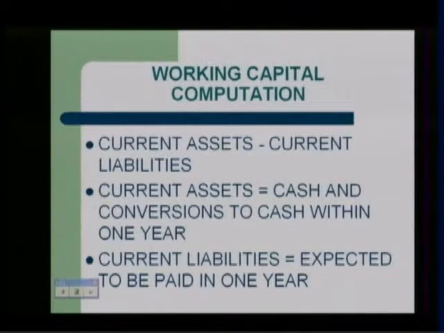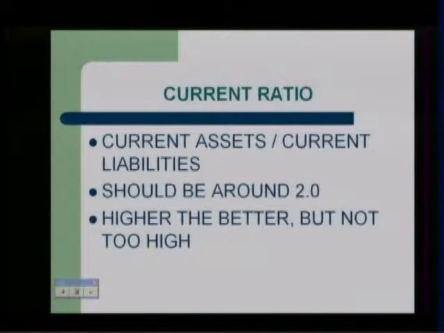Now this is not going to be a very useful number if you're calculating working capital for firms of two different sizes, because a large firm will have a larger dollar amount of working capital than a smaller firm. So it's a nice number to know, but it doesn't give you the ability to compare firms of different sizes. So what we often do is take that working capital computation and translate it into a current ratio computation.